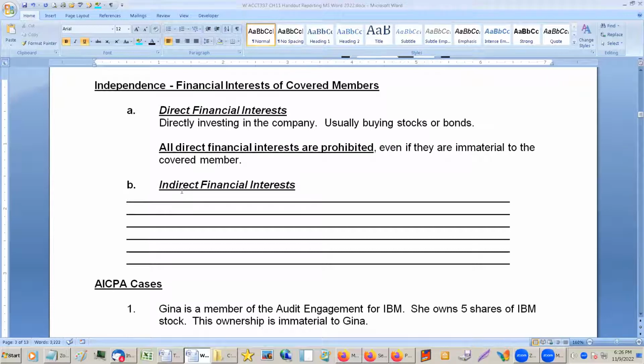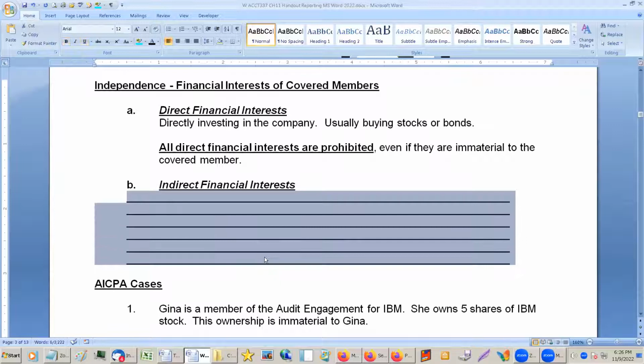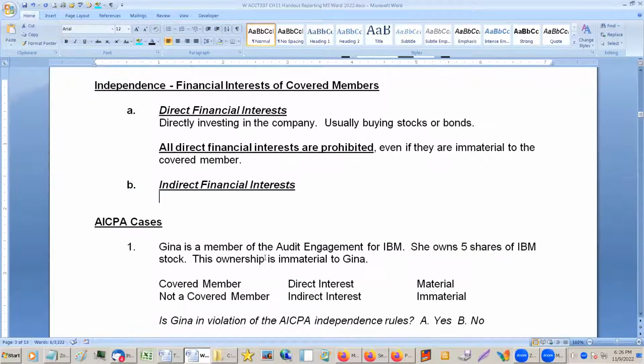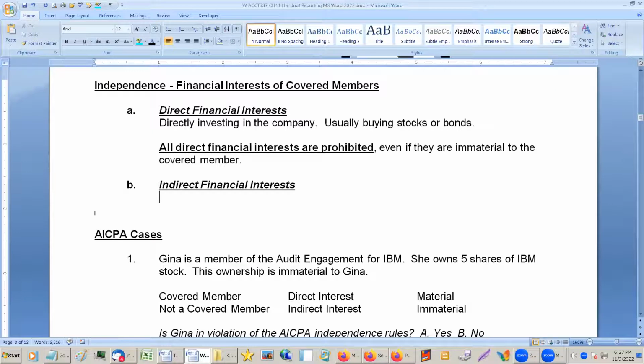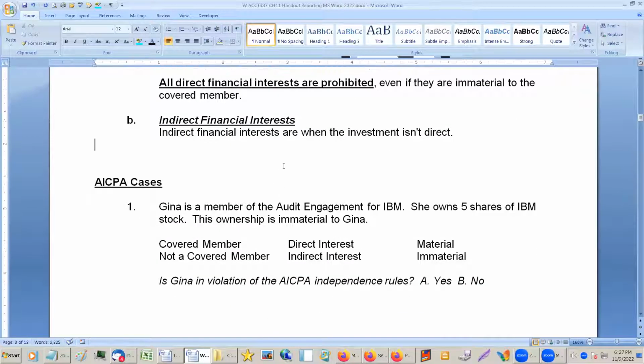Okay, indirect financial interest is when the investment isn't direct. I know that's kind of a well, duh, we could have figured that out, but I'll just explain it here and give you some examples.